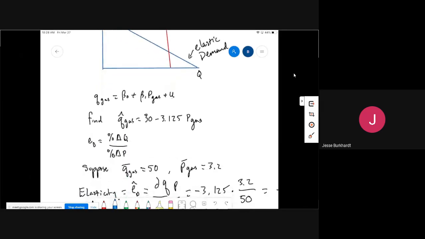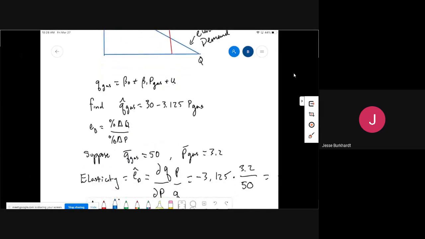Our example is going to be the demand curve for gasoline. So our demand curve here is Q gas. We're going to put the quantity on the left-hand side and make that a function of the price of gas, because of the definition of elasticity. The definition of elasticity is a percent change in P affecting a percent change in Q: what if we change prices by 1%, what percent does the quantity decline?